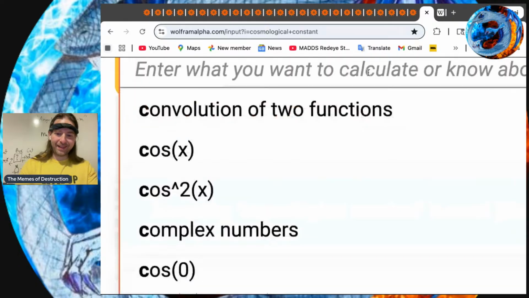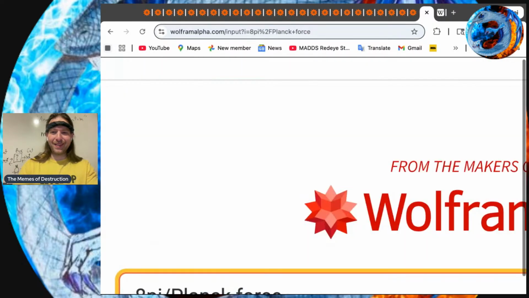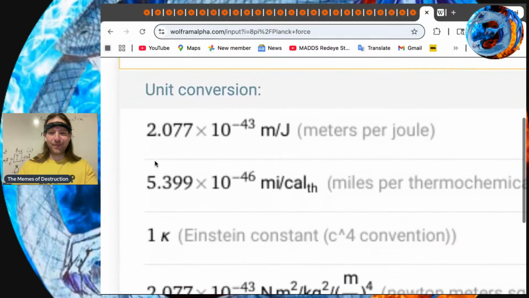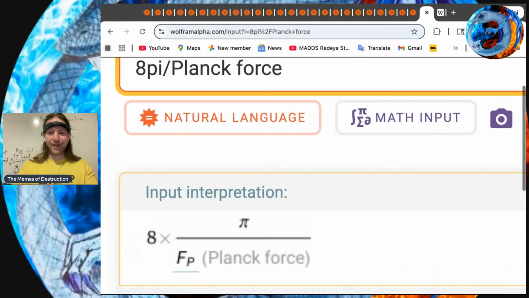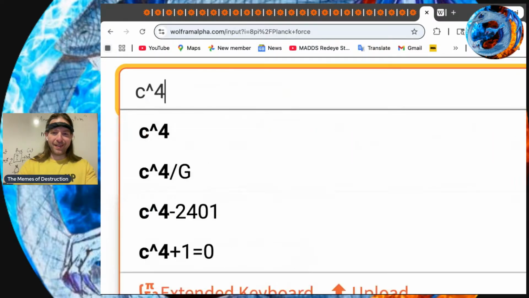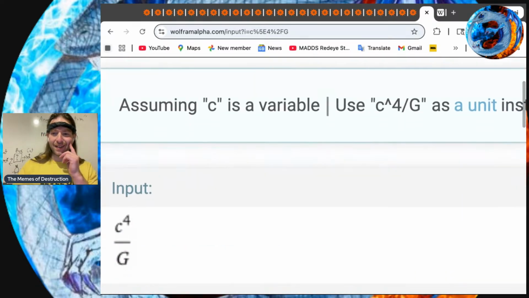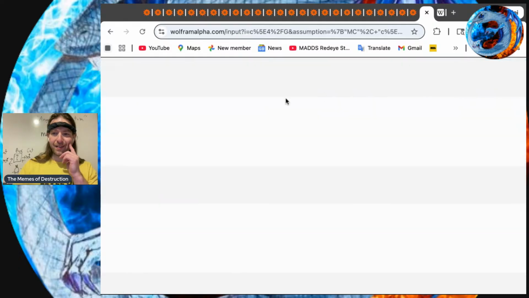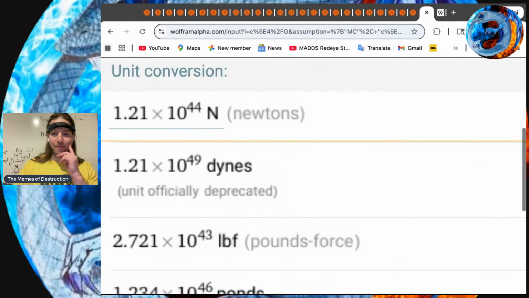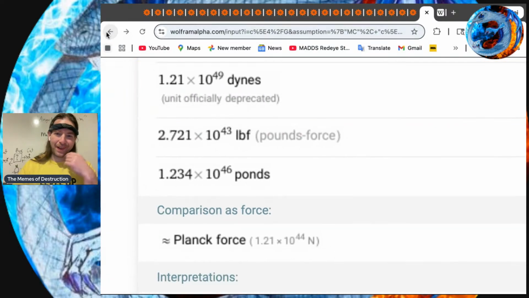So 8 pi divided by the Planck force gives you the same thing, the Einstein c4 convention. I might need to notate that it's a unit. Okay. So again, it gives you the Planck force, because that's what it is.